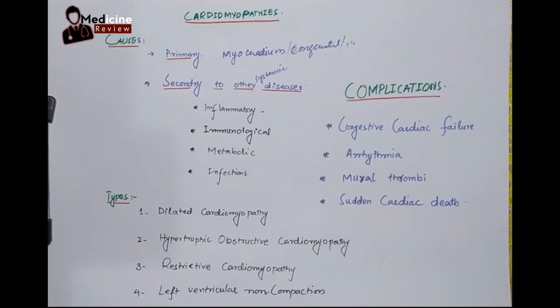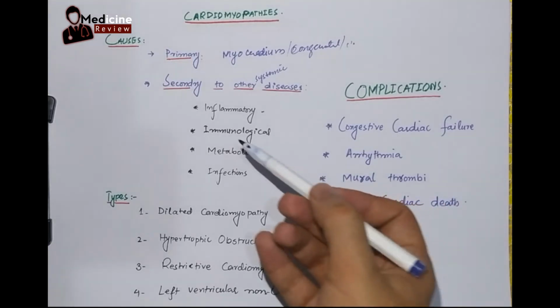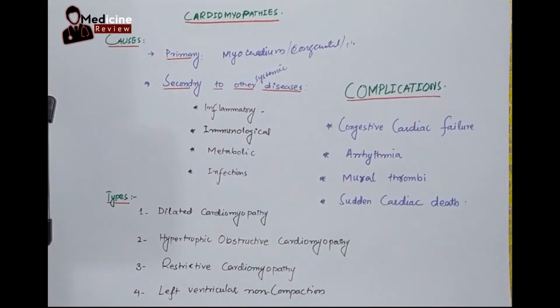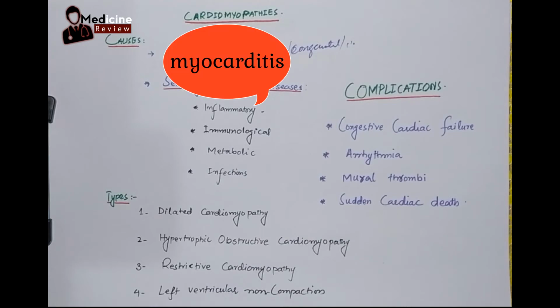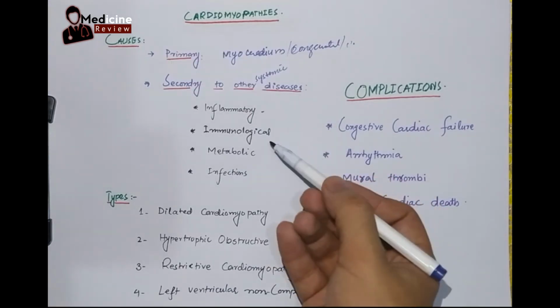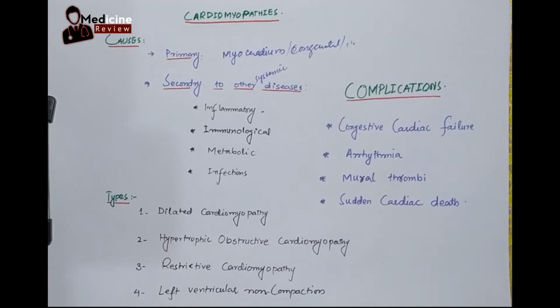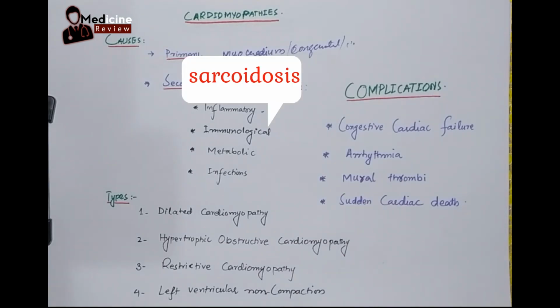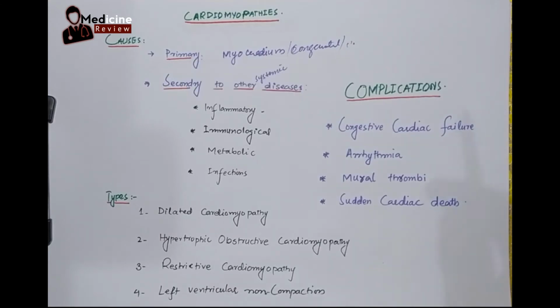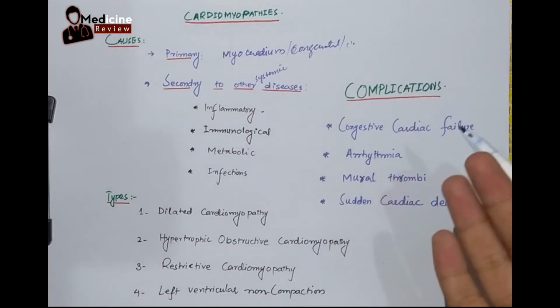Secondary is due to other systemic disease. For example, some other systemic disease is present in our body, and because of that systemic disease, the heart muscle gets involved. Like inflammatory conditions, the most important one is myocarditis. Immunological disorders like sarcoidosis. Sarcoidosis basically is an immunological disorder where most of our body organs get damaged.